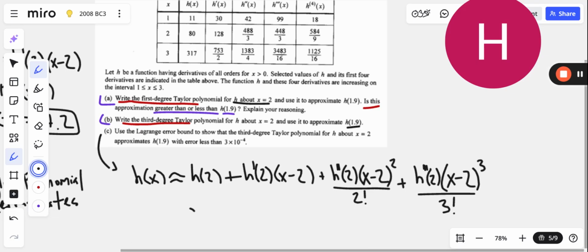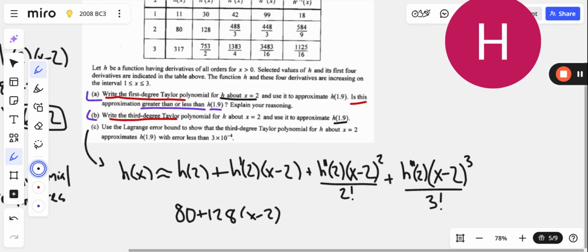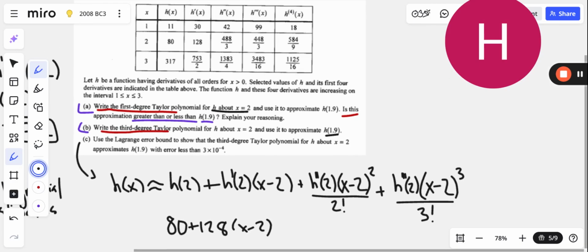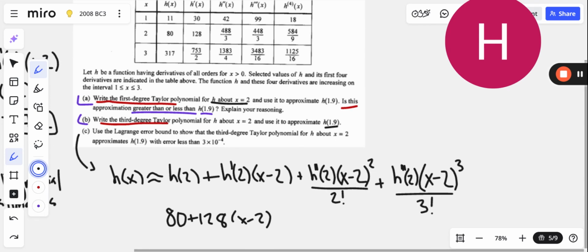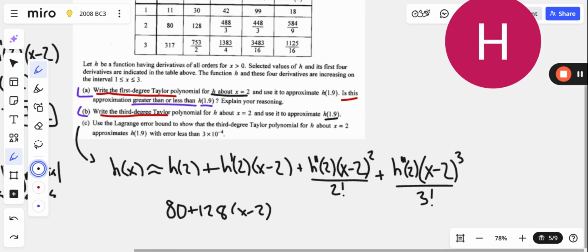Yeah, we're going to have to write it out first. So this is going to be 80 plus 128 times x minus 2. Sorry for the sloppy handwriting there. Plus, what is h double prime of 2? I'm basically just reading this entire row here. We're going to have 488 over 3, and then that's over 2. So I guess I can call it 244 over 3 times x minus 2 squared.